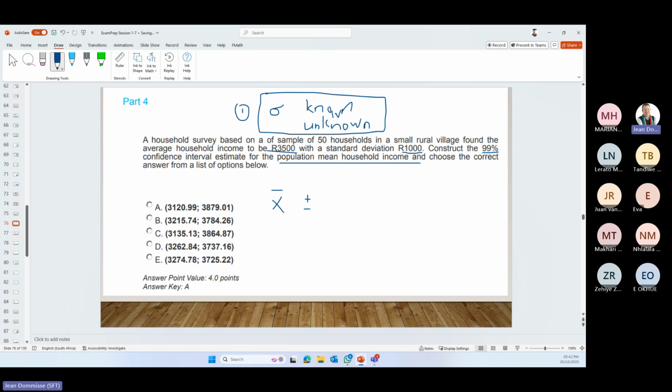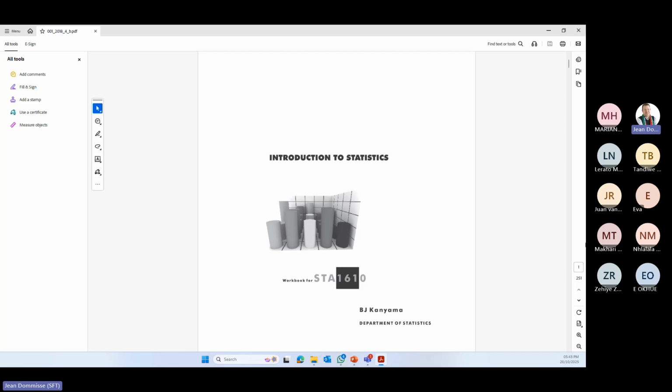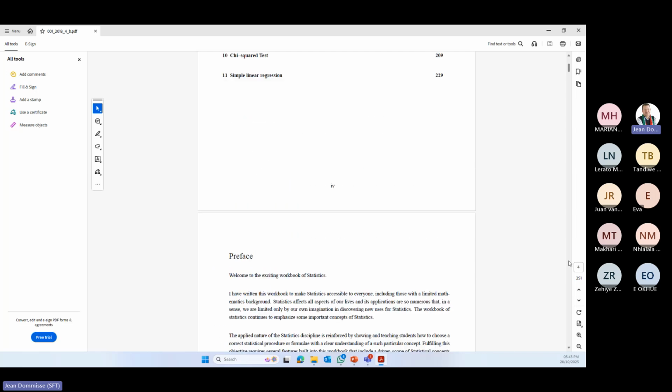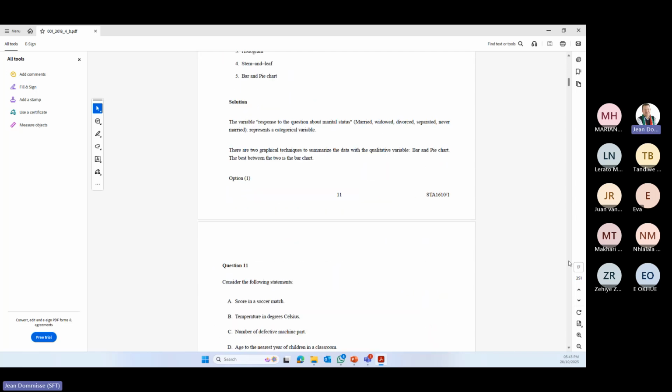99%. I think that is 2.58, but let's quickly check in your study guide. I just quickly want to open that. I'm sure it is 2.58, but let me just be 100% sure to check if this is the right one.